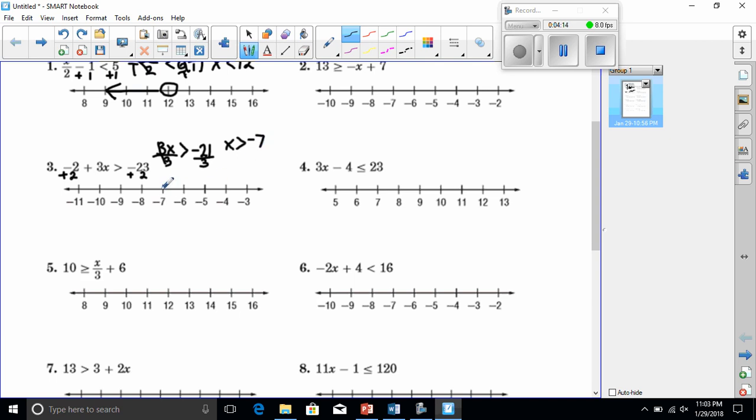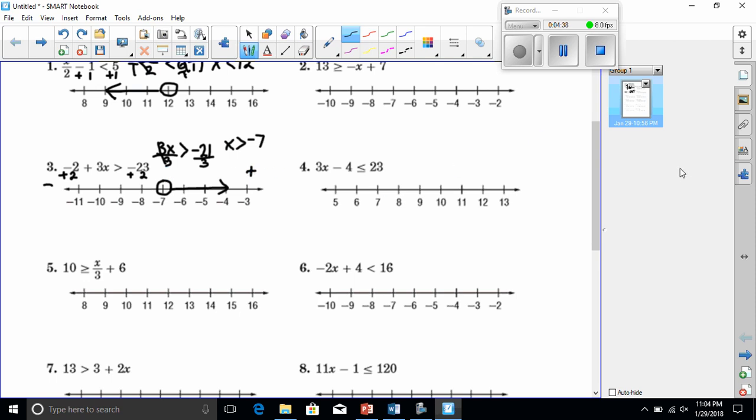So I'm going to go to negative 7. Again, it's just a greater than symbol, so I will not shade it in. And I know that x is greater than negative 7. And everything greater is always towards the plus side, not towards the minus side. So I'm going to say that everything to the right of negative 7 is where my arrow is going to lead.